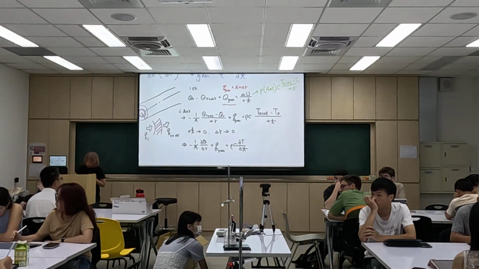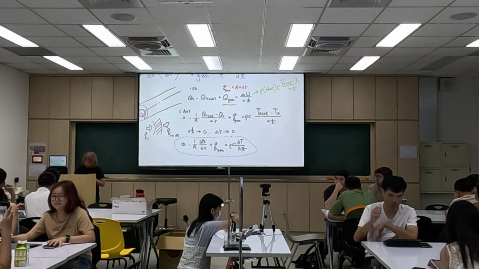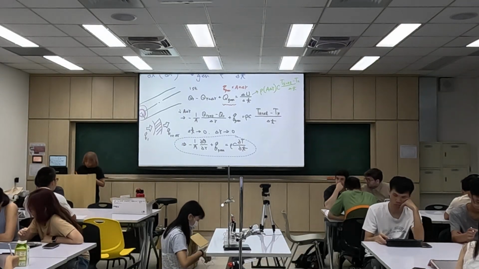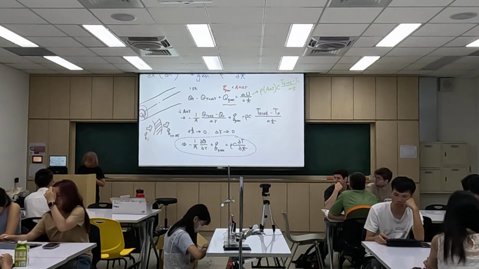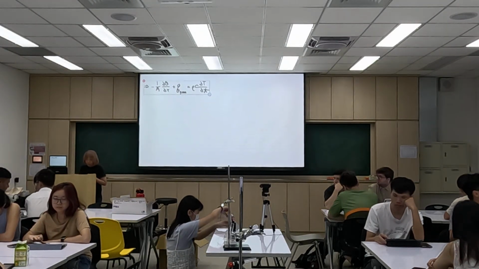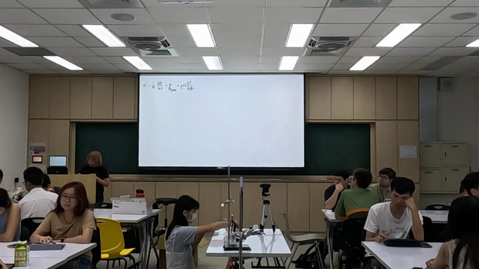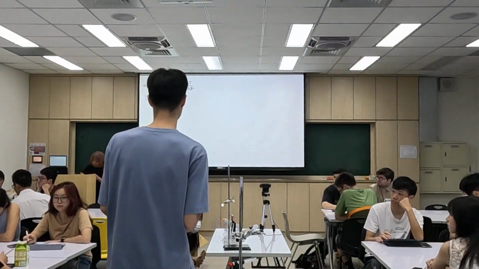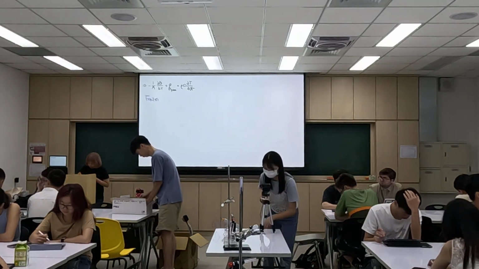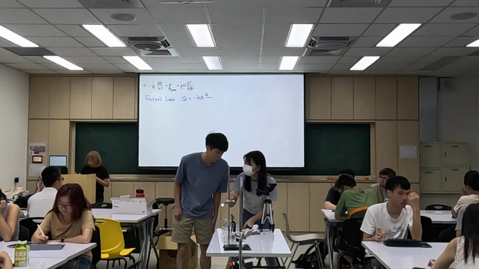Okay, we take another page. Then if you recall the Fourier law, the Q equals minus kA partial T partial r.